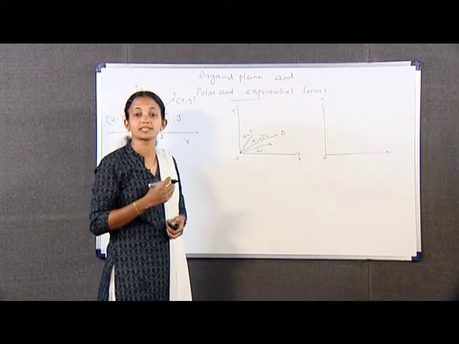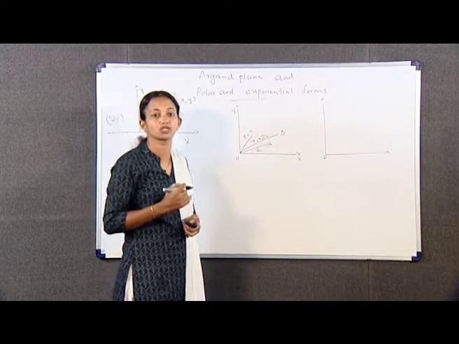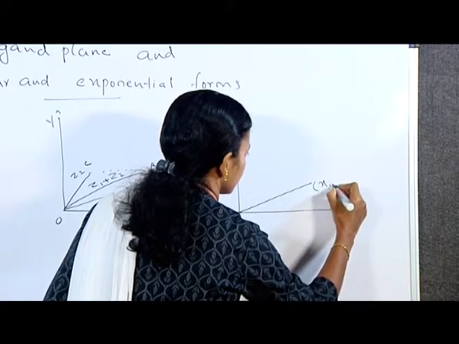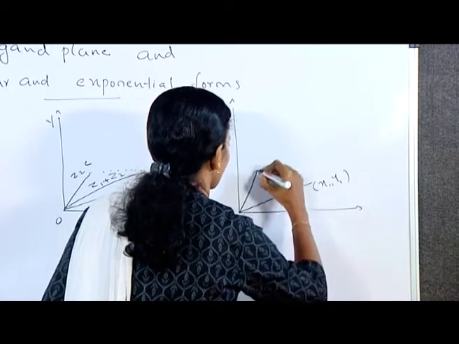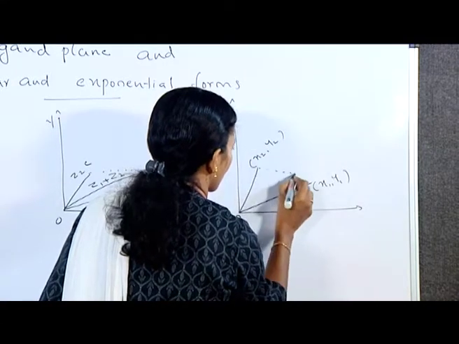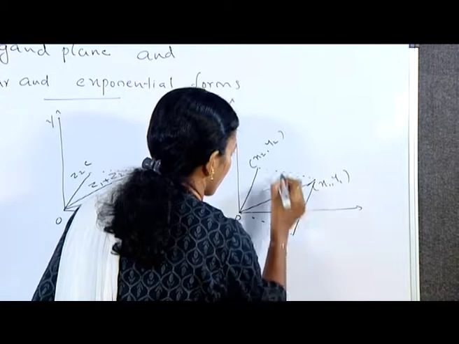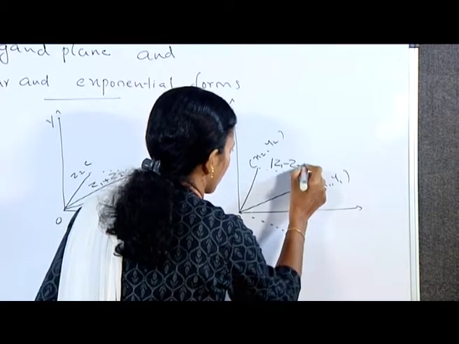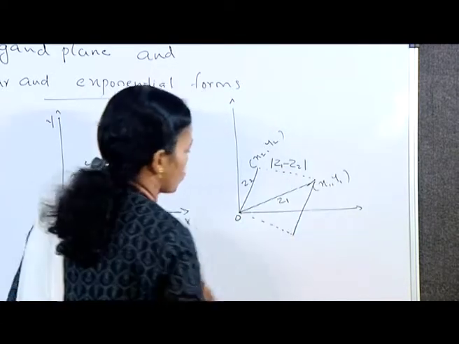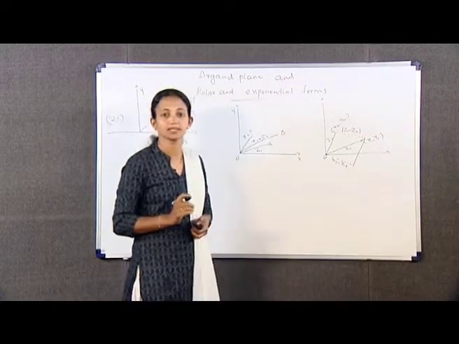Note that the number z1 minus z2 can be interpreted as the directed line segment from the point x2, y2 to x1, y1. Here we have z1 minus z2.